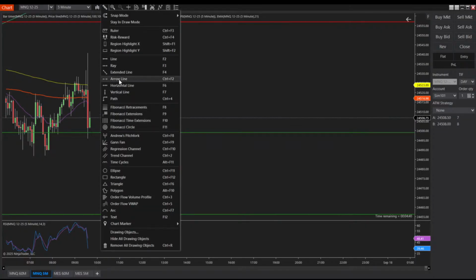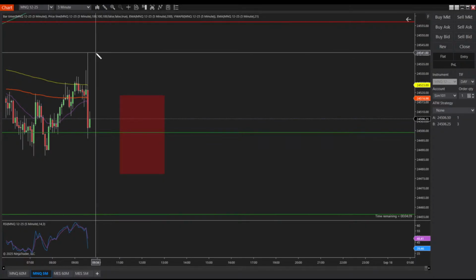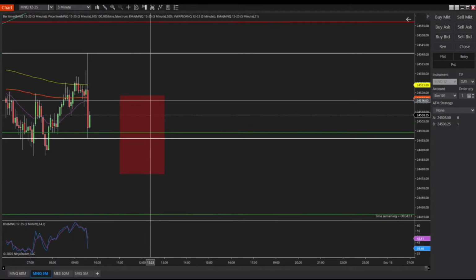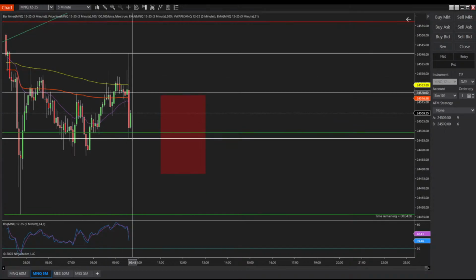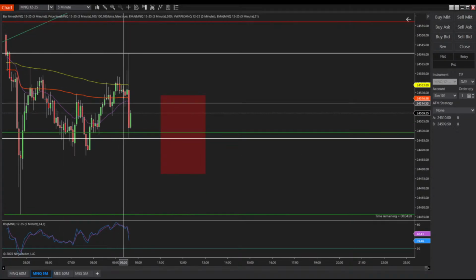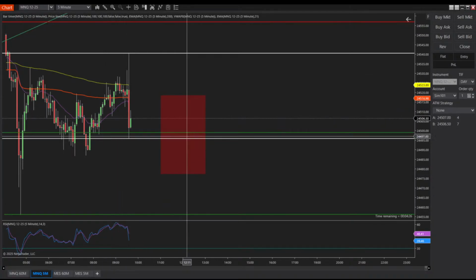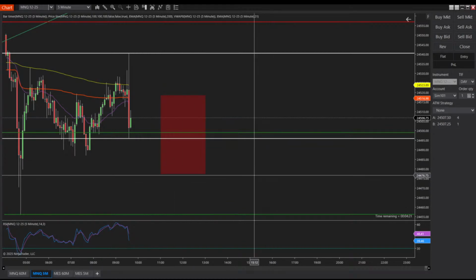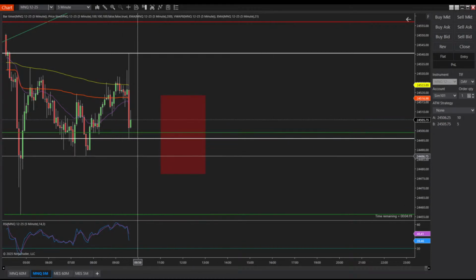Sometimes I like to mark my 5-minute range as well, just to give me an idea of if there's going to be a range breakout here. Just waiting for my opportunity to strike.